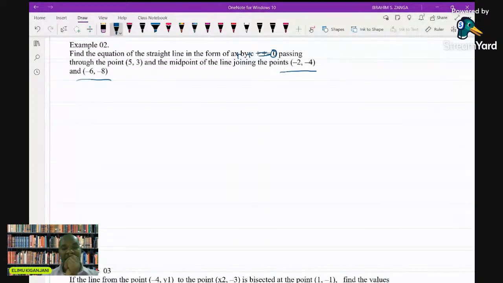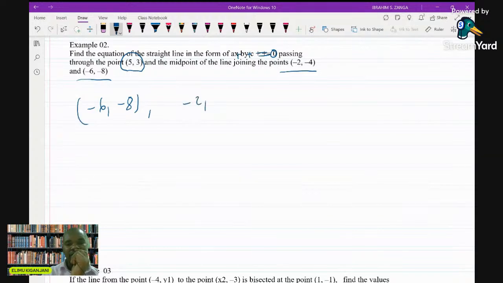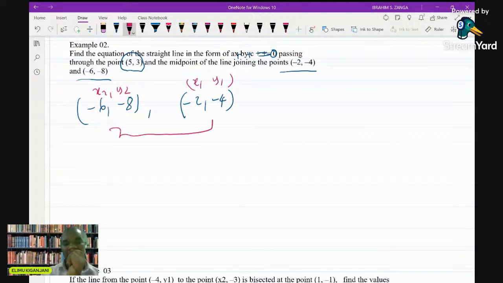So we'll be having a line with 2 points. The first point is this one here, and the second point is going to be the midpoint. So with (-6, -8) and (-2, -4), we are going to consider this x1, y1 and this x2, y2. So we are going to find the midpoint of these 2 points.